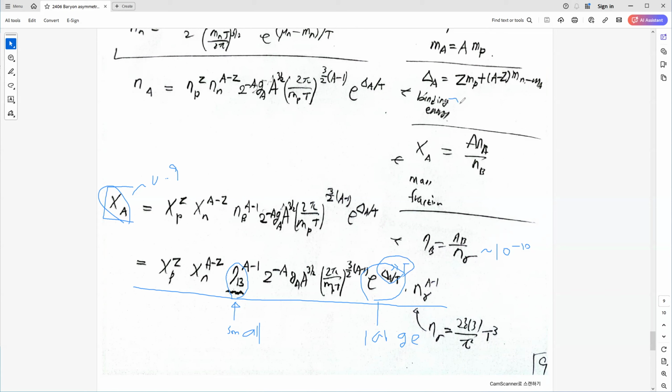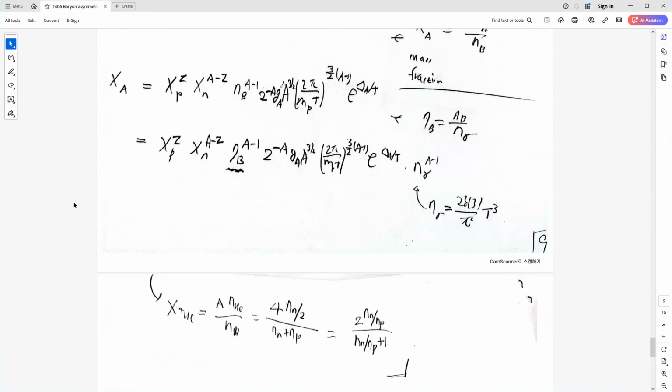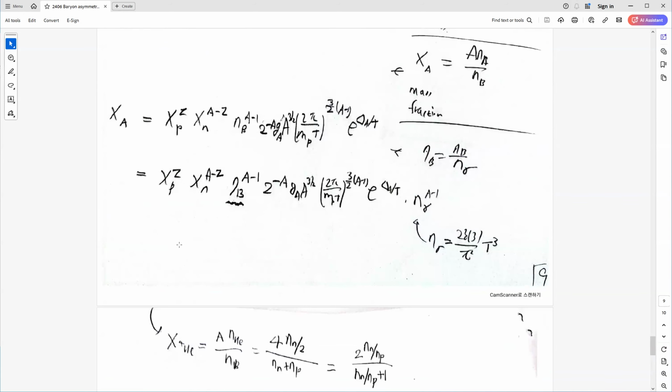This binding energy is known to be some MeV, the nuclear physics scale, but the BBN temperature is 0.1 MeV, slightly smaller than the nuclear physics scale. So by using that, we can measure eta_B.